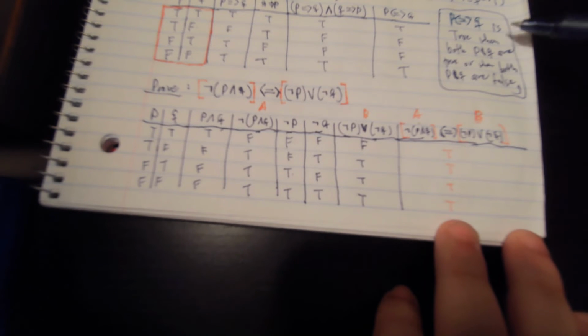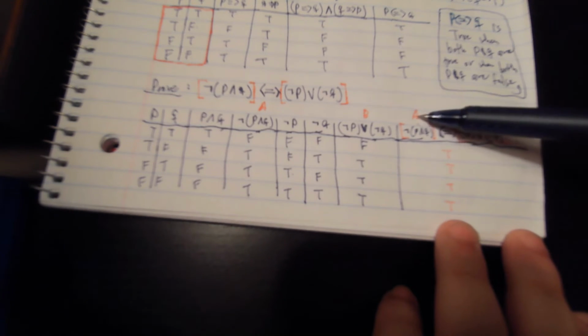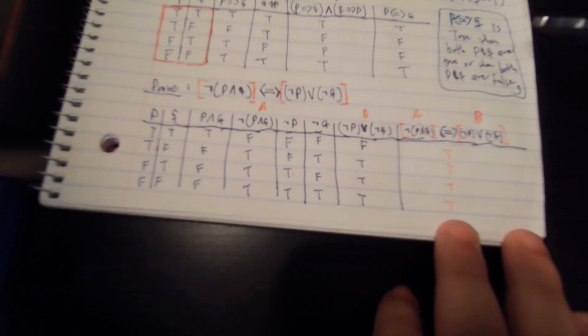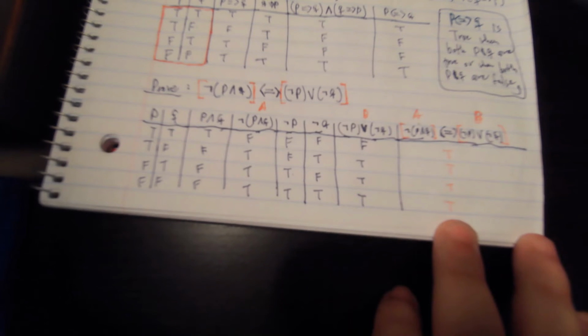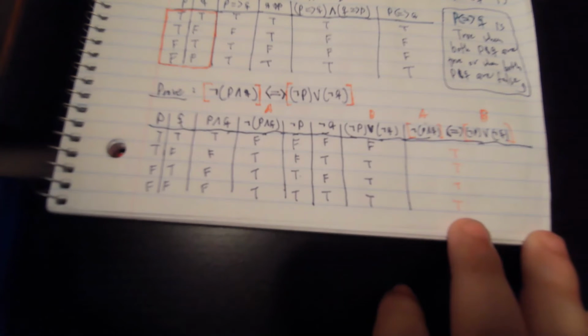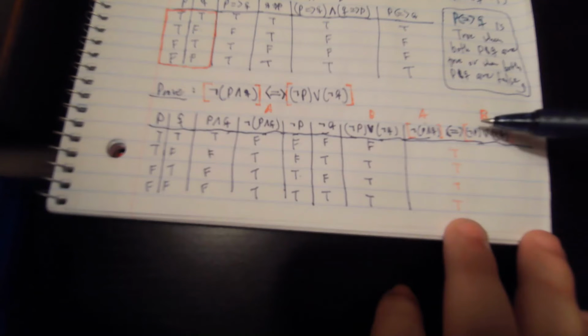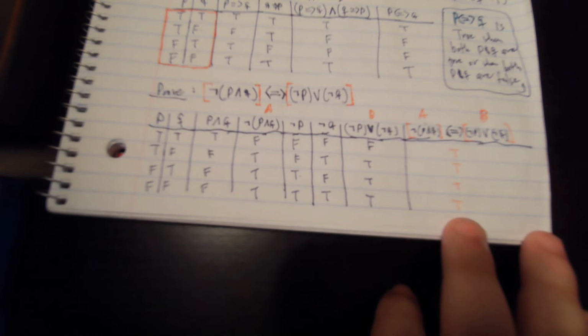Similarly, we're saying that the statement A right here and the statement B right here are logically equivalent. That's what if and only if means too. So we've proven that the statement not P and Q is equivalent to the statement not P or not Q. This goes by the name of De Morgan's law, I think.